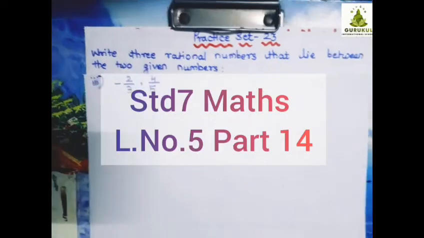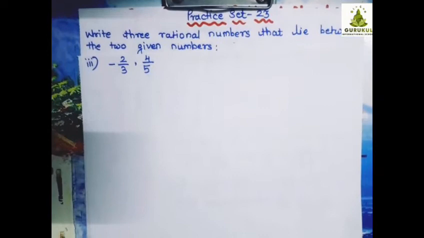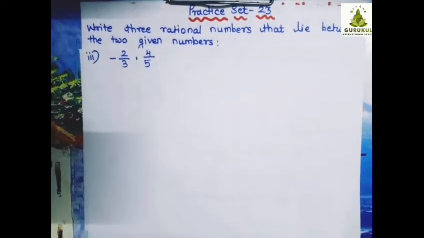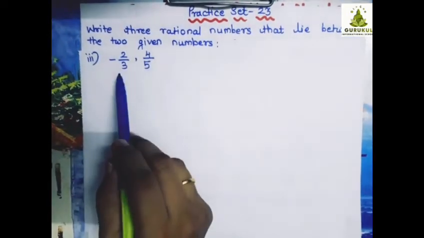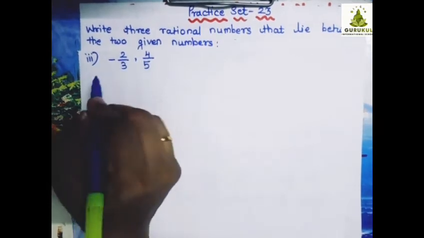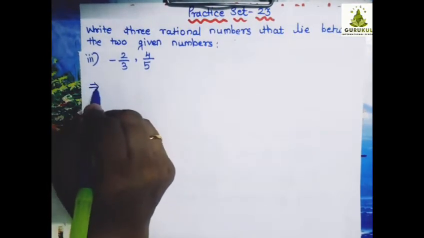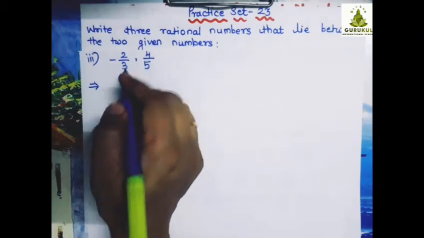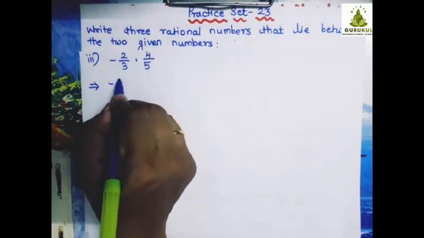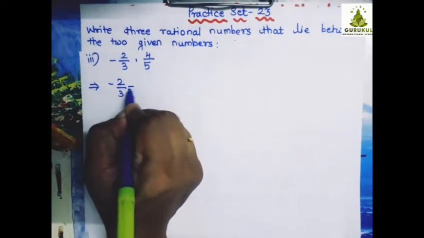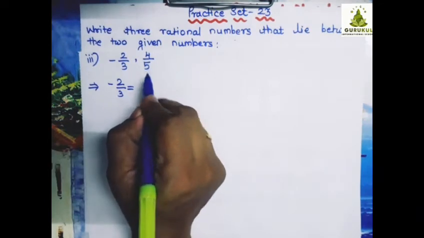Okay. Now practice set 23, the third one, let us see. The fractions given are minus 2 upon 3 and 4 upon 5. So the very first method is what I said, you have to equalize the denominators. So we'll write minus 2 upon 3. It will be multiplied by which number? 5, correct?